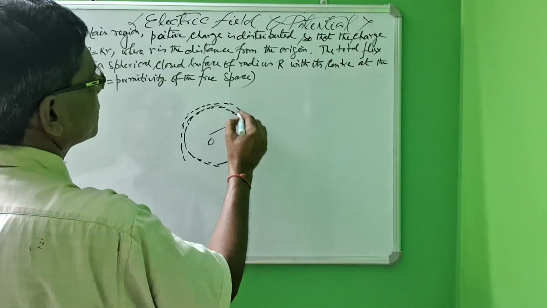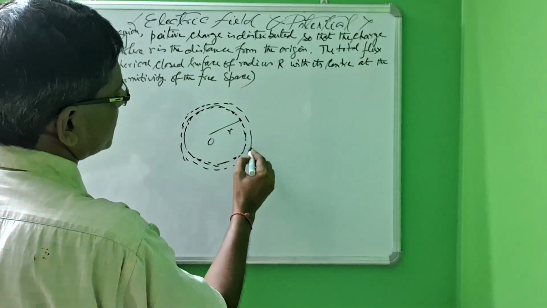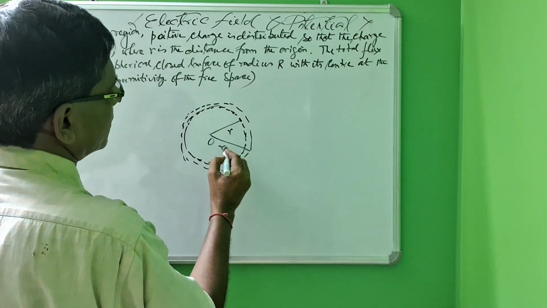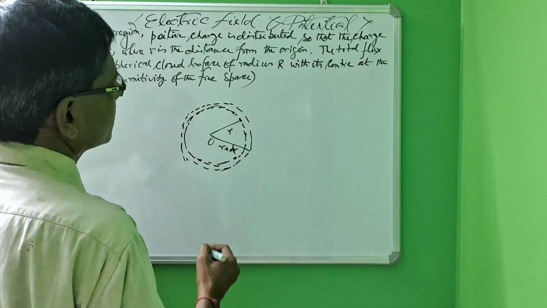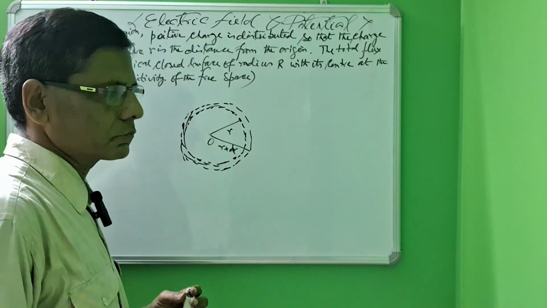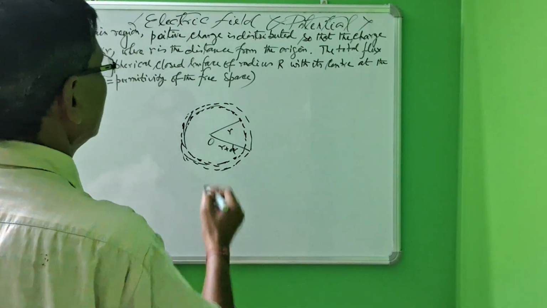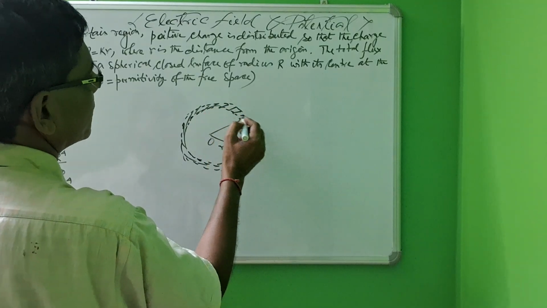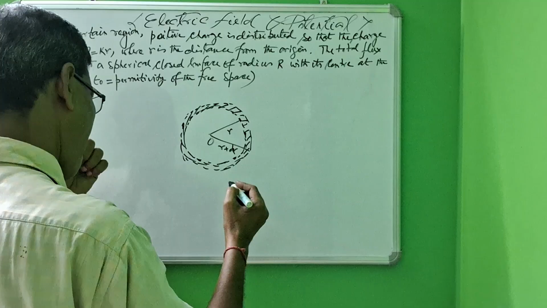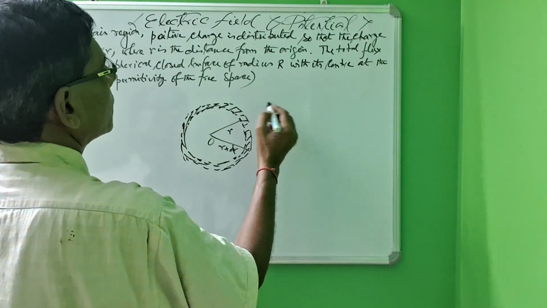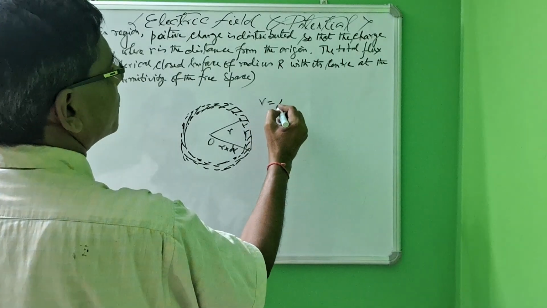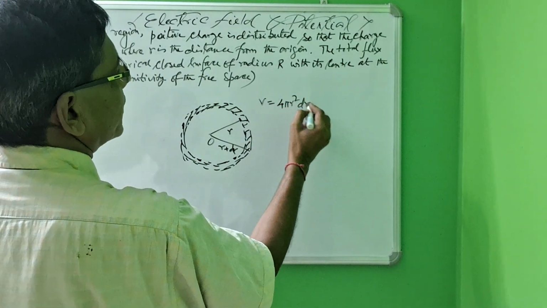Suppose this is also a Gaussian surface, of radius r plus dr. So this spherical cell is of volume V equals 4 pi r square dr.